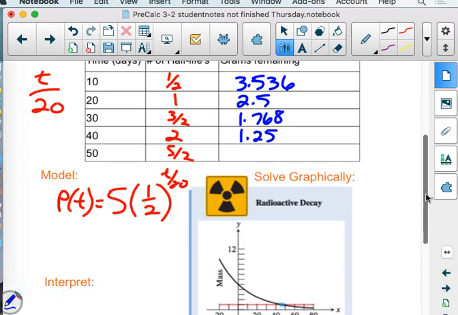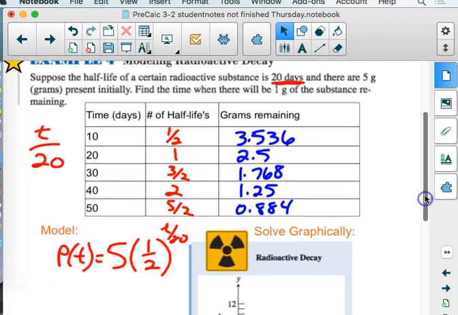So half of our 2.5 would be 1.25. And then our 5 halves. So 0.884 grams left. So for filling that table out, that's all we have to do. It's basically evaluating, putting that in.